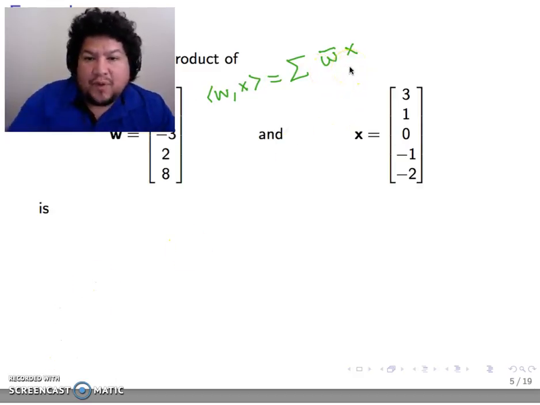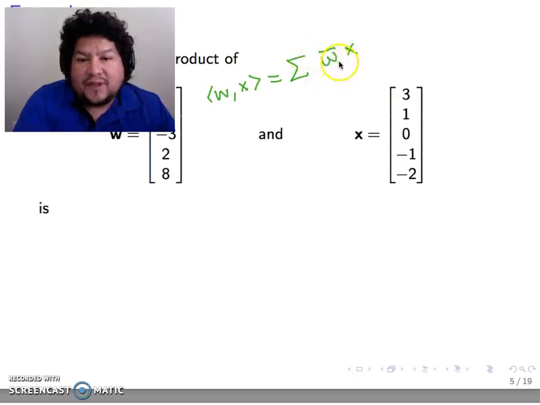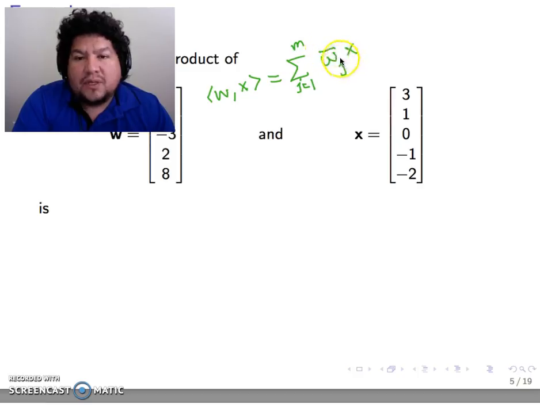So we would write the entries of the first vector w, and say let's use the index j. For j taking values between 1 and m, this would be the conjugate of wj, and this would be the jth entry of the vector x.